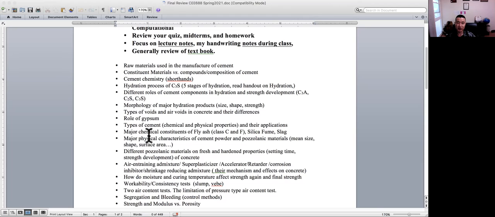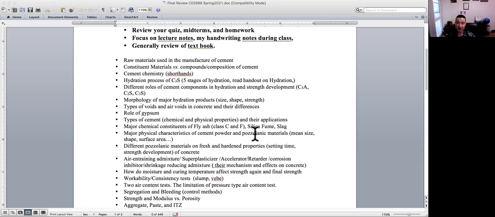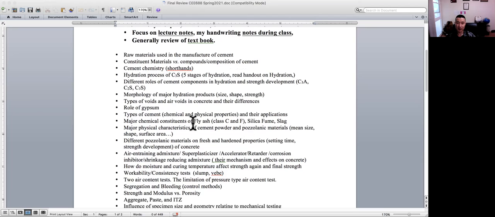Next, major chemical constituents of chemical admixtures and mineral admixtures, including fly ash, silica fume, and slag. We have a table to summarize the properties of these, and also physical properties of cement powders plus these mineral admixtures.